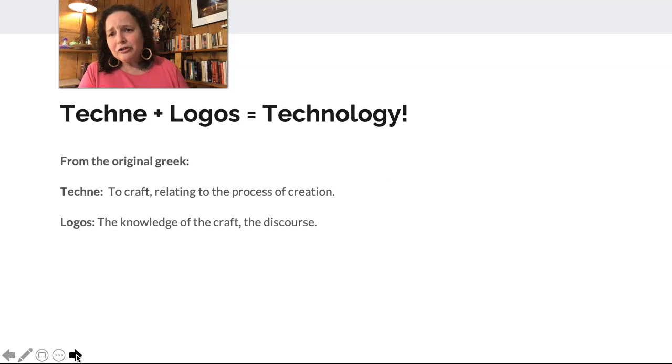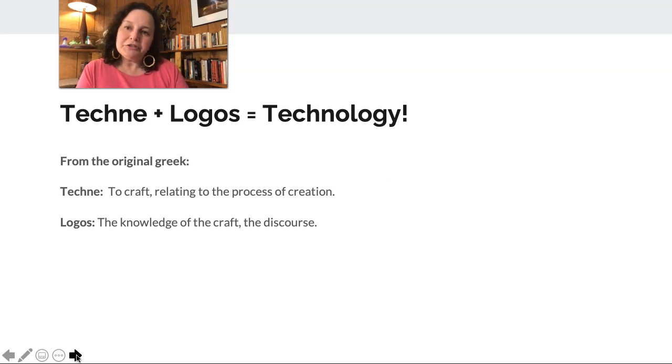And so in that case, the actual technology is not so much the stuff, it's the knowledge of how to code, or the knowledge of how these processes work, that is the actual technology. And so that's a fun distinction, thinking about what's the real difference between technology and text, or technology and information? Those are some of the fun philosophical questions that you can get a little bit lost in.